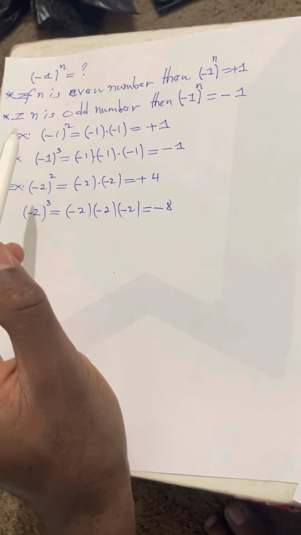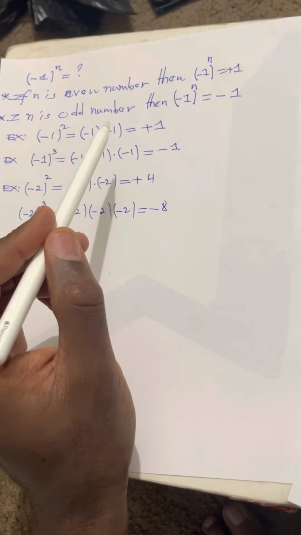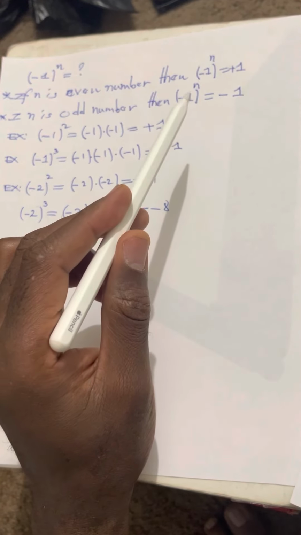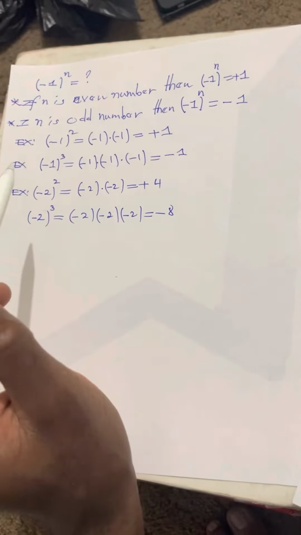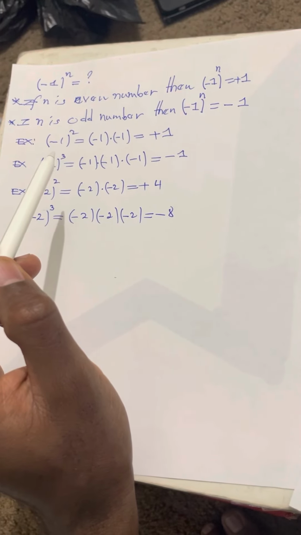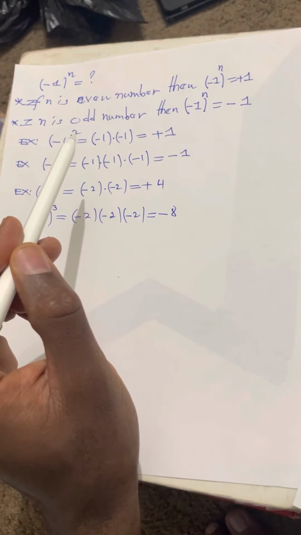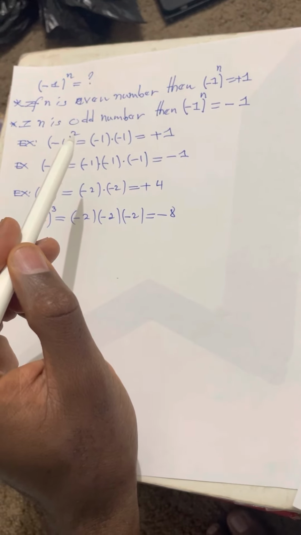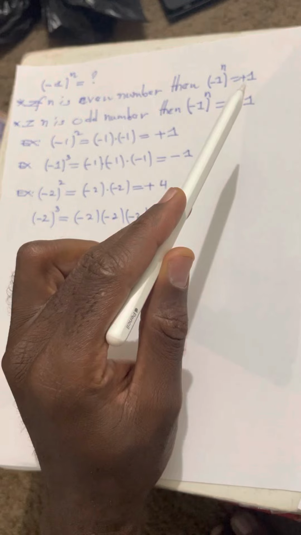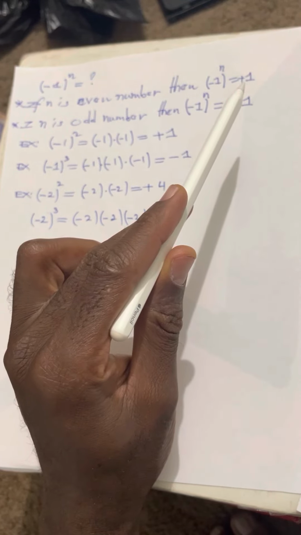And if n is an odd number, then minus 1 to the power n comes out as negative 1. Example, I have minus 1 to the power 2. You can see that the n value is an even number. So automatically I can say the answer is positive 1.